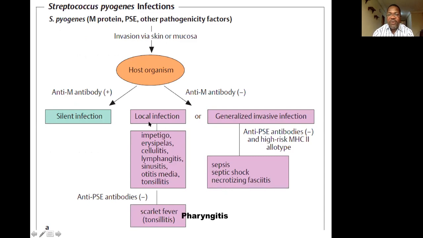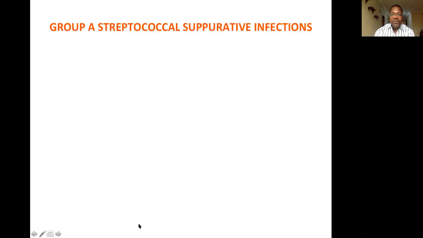Among localized infections, we have impetigo, erysipelas, cellulitis, lymphangitis, sinusitis, otitis media, and tonsillitis. And we also have another condition that is associated with pharyngitis and tonsillitis. It's called scarlet fever. So we will look at that.